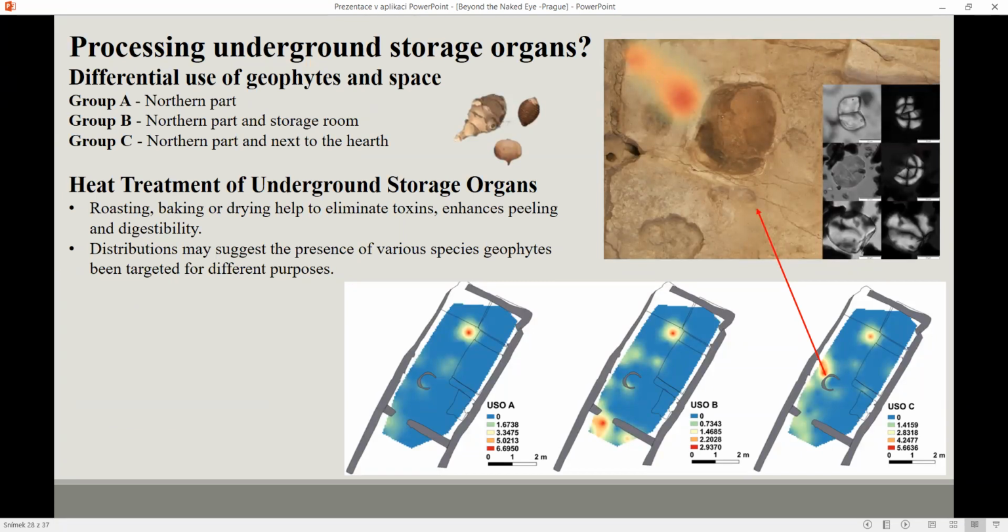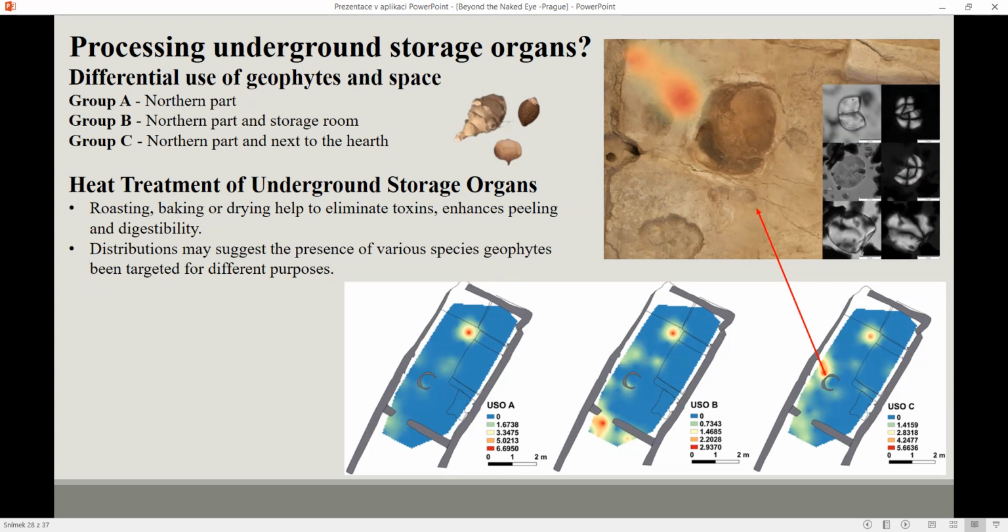For example, we have group A associated to the grinding installation here, which can be interpreted as a processing activity area. We have group B located also in the north, but in the storage area. And most interesting, at least for me, are those that are located next to the hearth. Actually, this is the main hearth.